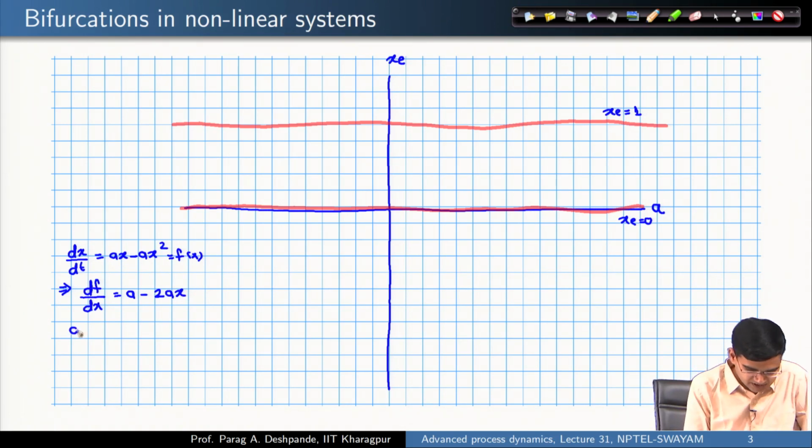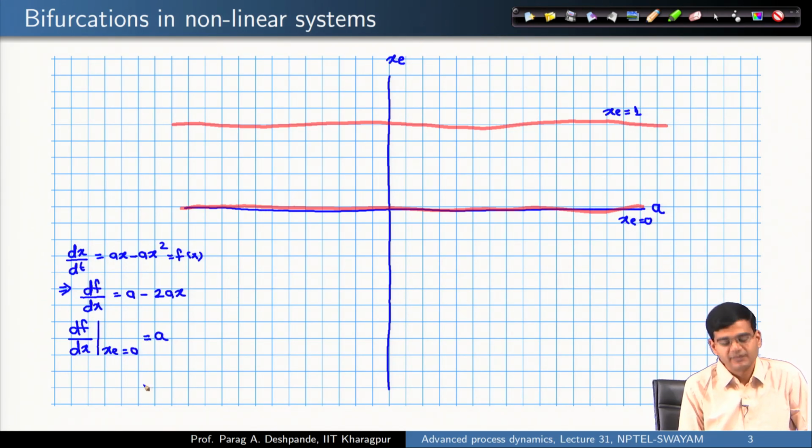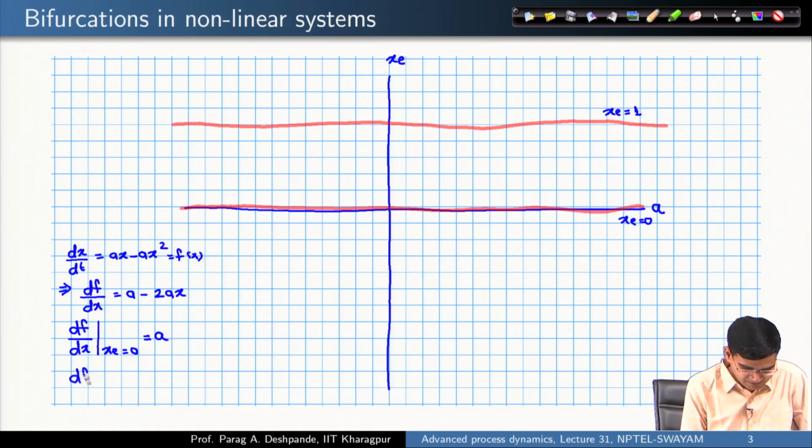Therefore, df by dx at x e is equal to 0 is a, and df by dx at x e is equal to 1 is minus a.